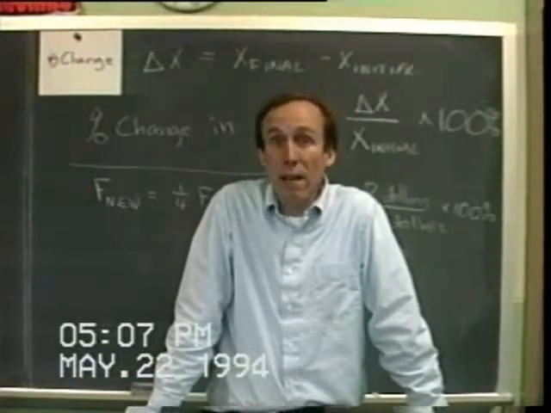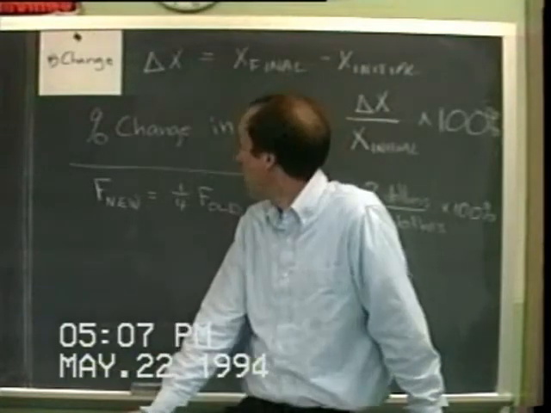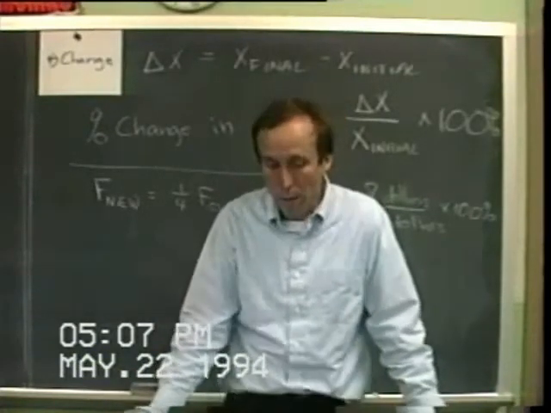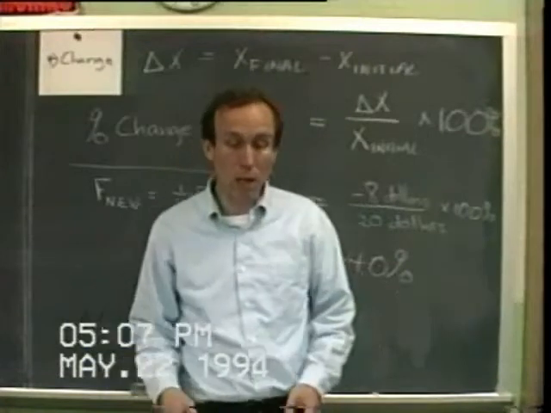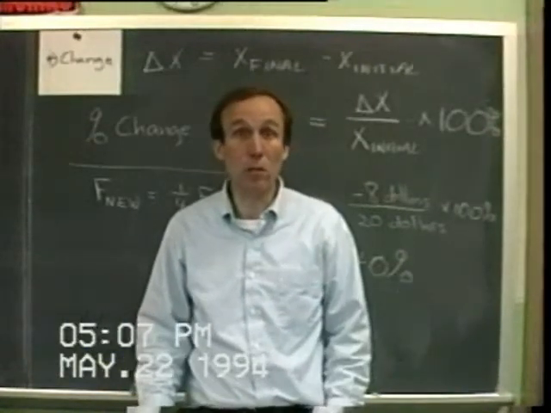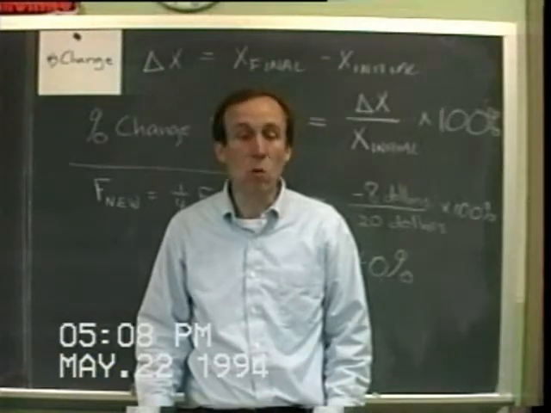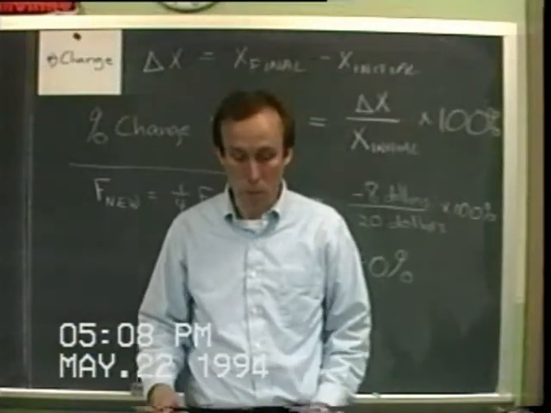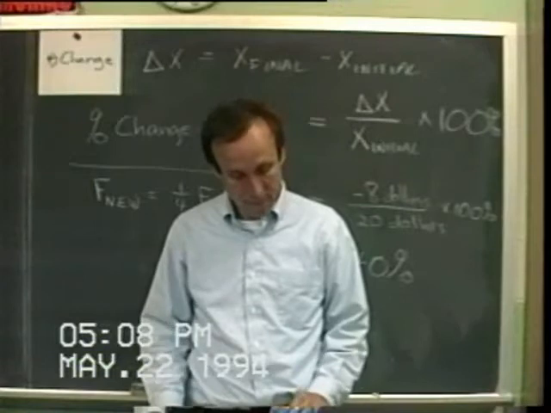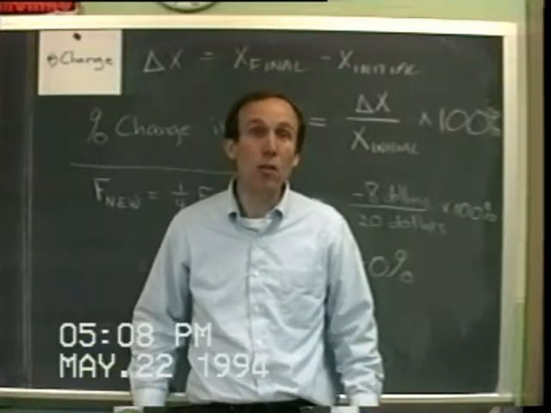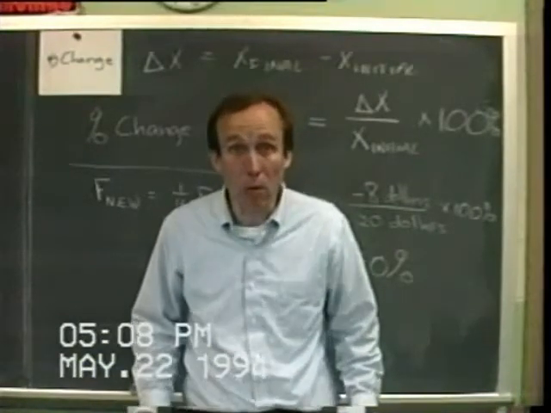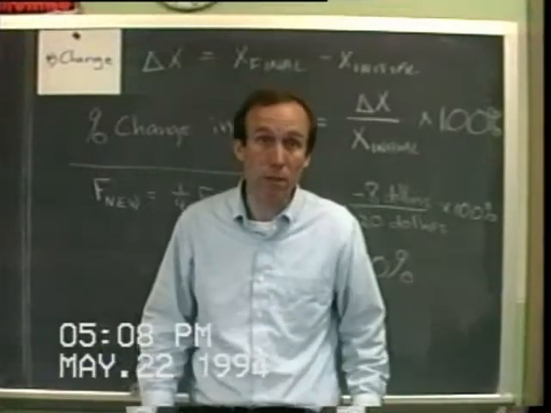It decreased by 75%. It went down to 1/4 of its original value. Typically, you're just asked what happened, and you should write it went down to, or the new force is 1/4 of the original force, or it decreased to a value which is 1/4 of its original value.